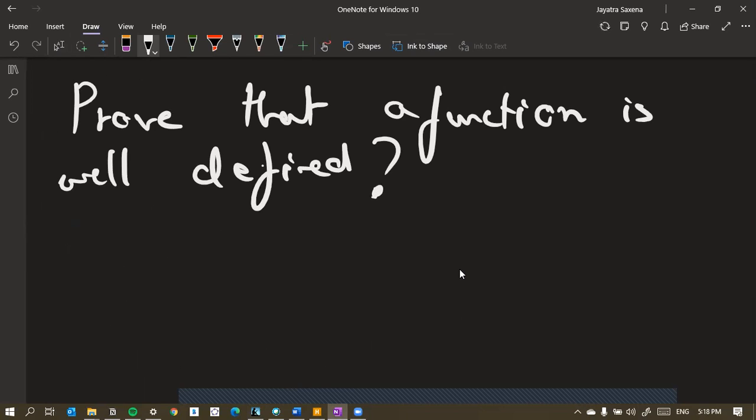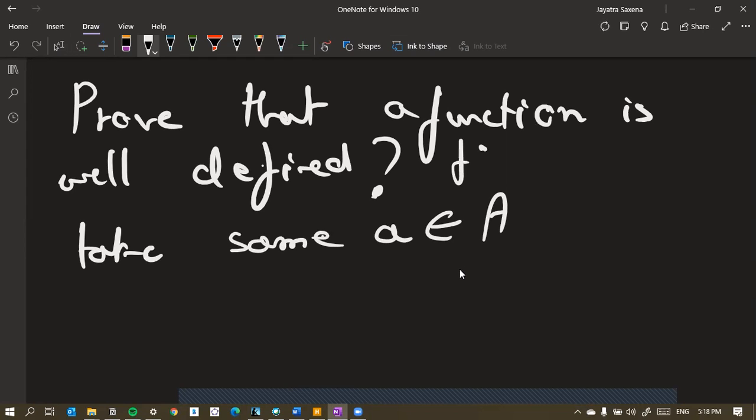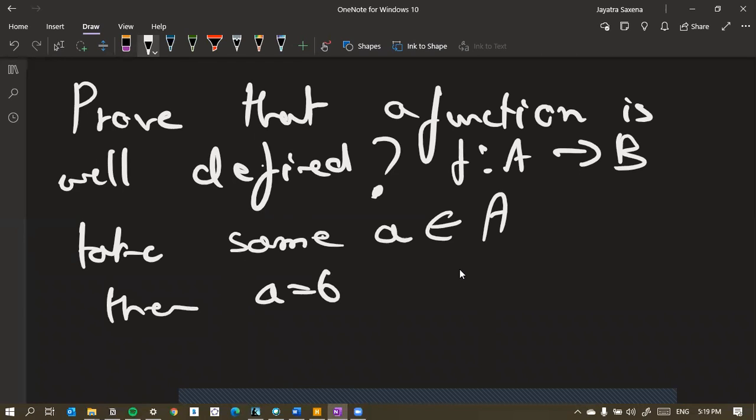Well defined. Well, how do you do that? The way you do that is you take some a, and then say a belonging to A. If the function is from A to B, you're trying to prove that this is well defined. Take some a belonging to A, and then assume that for some b, a is equal to b, and then you argue.